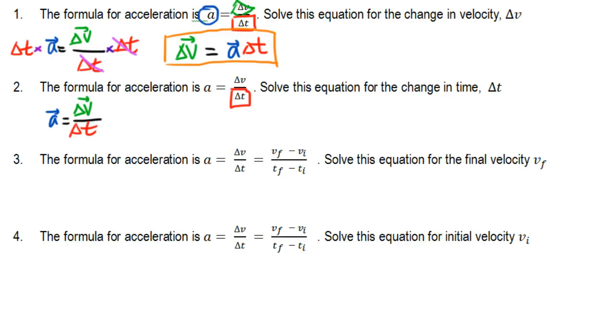I have to solve for delta t, and so the first thing I need to do is get delta t in the numerator. So I'm going to multiply by delta t on both sides. When I do this, on the right side of the equation, the delta t's cancel. However, on the left side, I get delta t times a equals delta v.